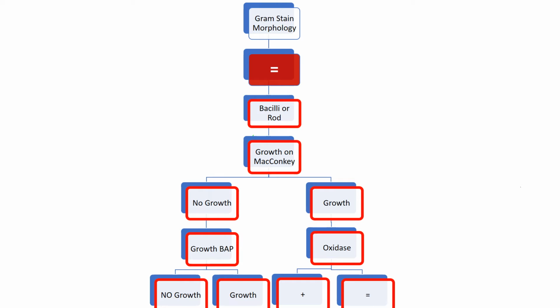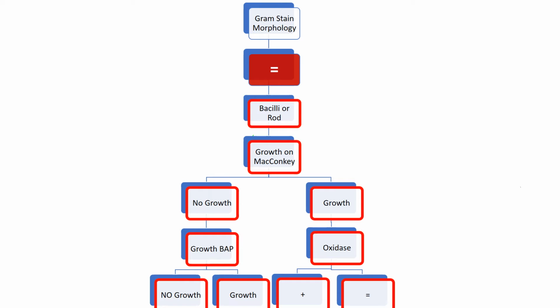No growth on blood, you then check for chocolate. So if it's growing on chocolate, probably my first suspicion, especially depending on your clinical sample, will be Haemophilus, because Haemophilus would only grow on chocolate. Okay. Now, if there's no growth on blood, no growth on chocolate, then you're in trouble.